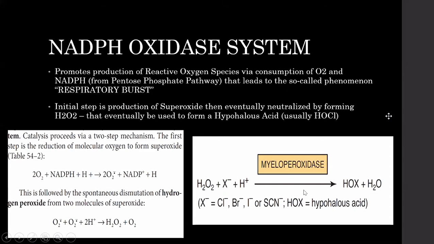Usually what comes out is hypochlorous acid, HOCl, then water. Then your hydrogen peroxide is stabilized. Okay? So your NADPH oxidase and your myeloperoxidase go hand in hand. Your NADPH oxidase produces your reactive oxygen species. Then your myeloperoxidase produces hypochlorous acid plus water.